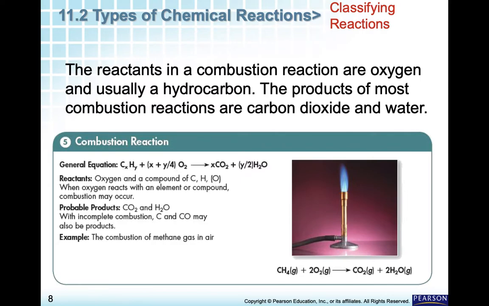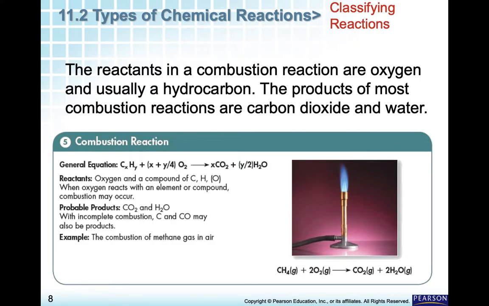I think you guys are good with just balancing it the same old way we've been balancing it. We may talk later about these if you're having trouble with it. If we have plenty of oxygen, we make carbon dioxide. If we have incomplete combustion, then we may make either carbon, which is soot, or we may make carbon monoxide, which of course we know is poisonous.